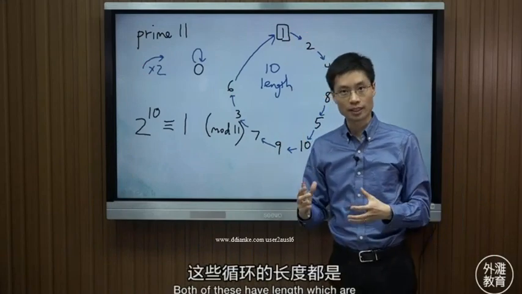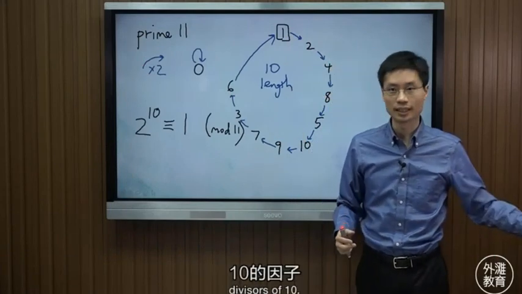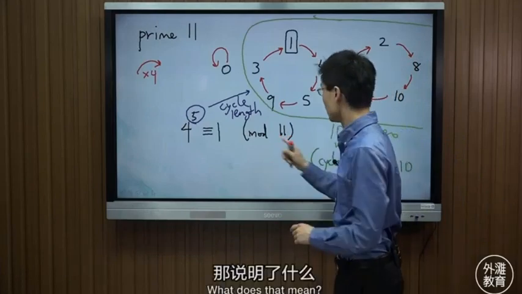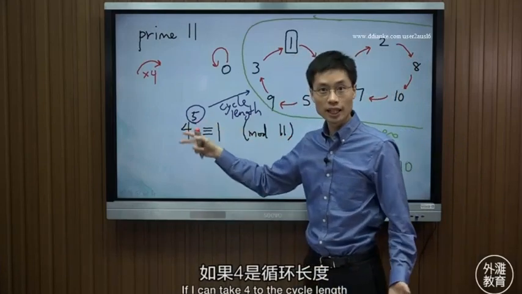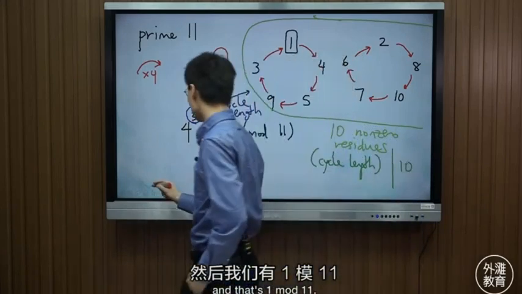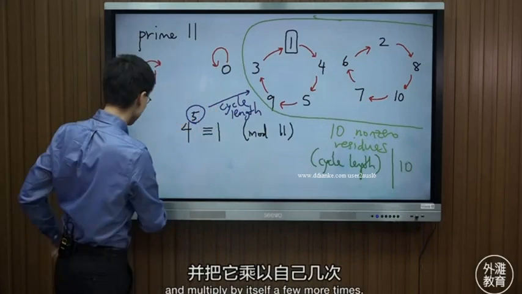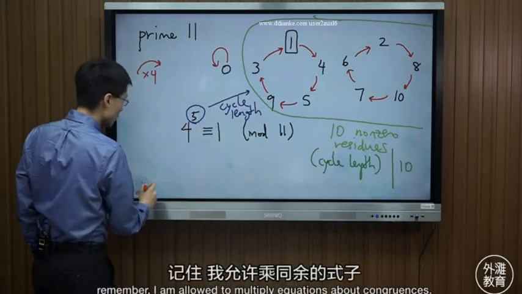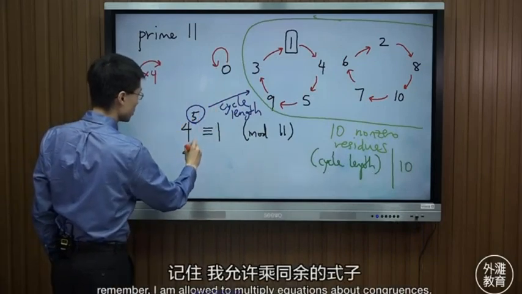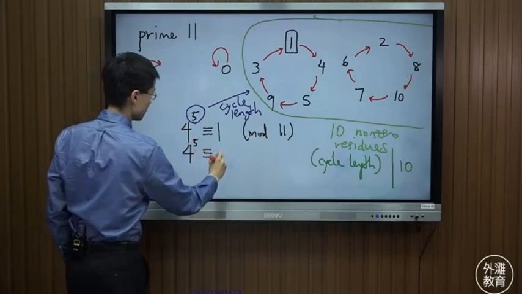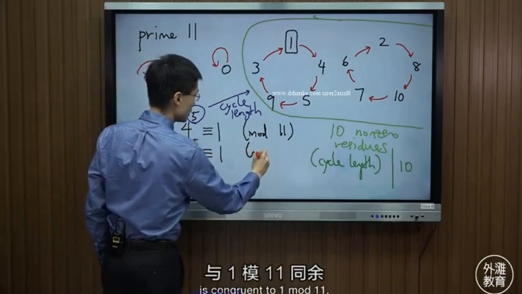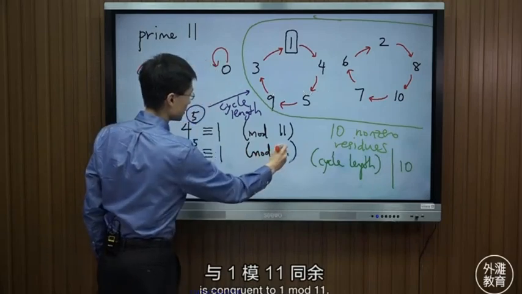Both of these have lengths which are divisors of 10. What does that mean? If I can take 4 to the cycle length, and that's 1 mod 11, then I can take this whole equation and multiply it by itself a few more times. Remember, I'm allowed to multiply equations about congruences. 4 to the 5 is congruent to itself, congruent to 1 mod 11.